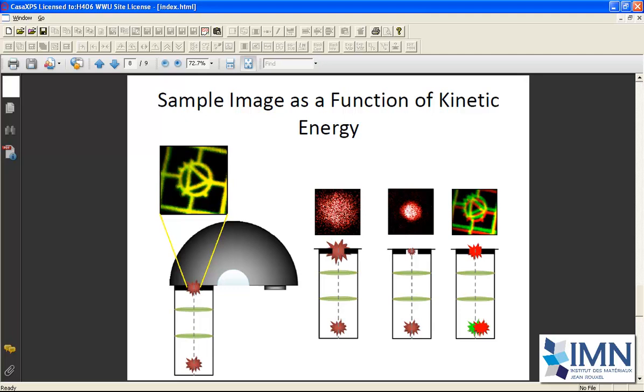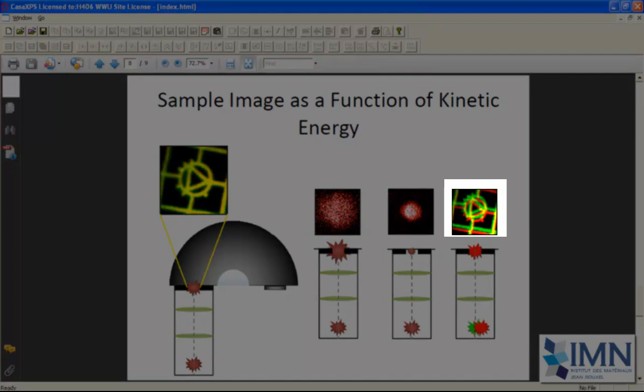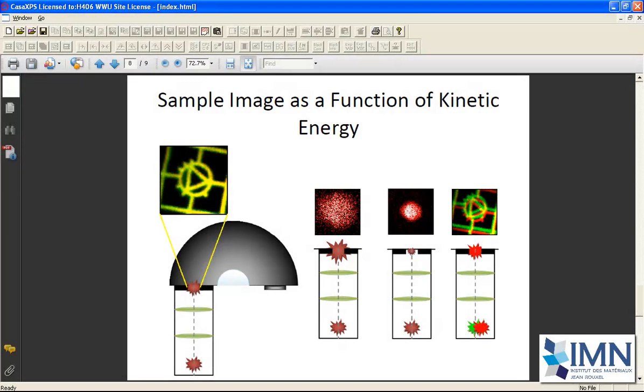But it's not necessarily the case, that it is entirely feasible that the sample and the image of the sample that gets passed through to the analyzer may change in its distribution over the detector. You may see these two scenarios occurring, or you may have a shift. And if there's a shift or the area that's being analyzed changes in any way, then this will have a consequence for the quantification of XPS spectra.